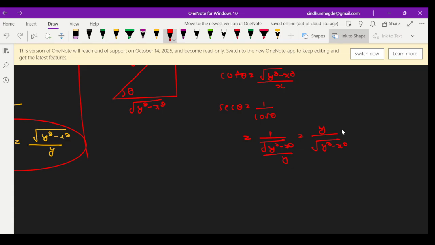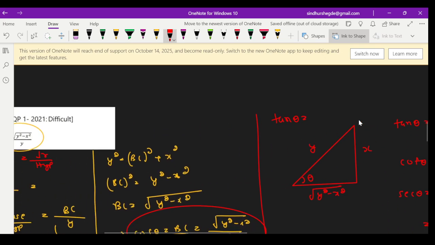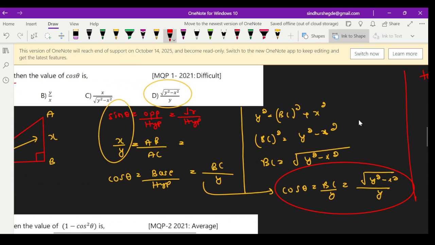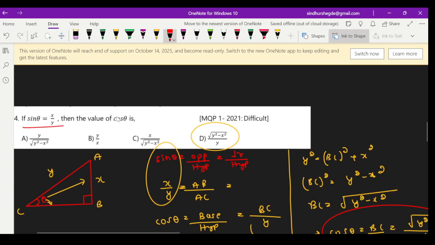Simply flip it. So now if I ask you what is cosecant theta, cosecant theta means flip the value of sin theta. What is sin theta? We already saw that, in the question they have given, sin theta is x by y. So cosecant theta is just the reverse of that.